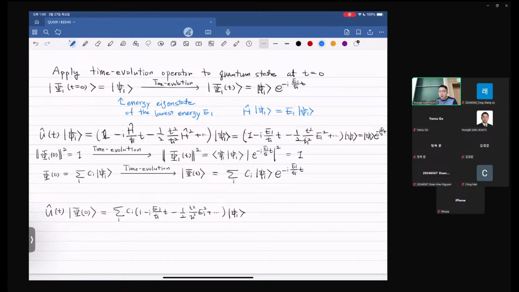It's the exact same thing as we've done up there. And this expansion here, in parentheses, is the exponential term: exponential of minus i E_i over h bar t. This is the exponential expression, and then we recover our usual result.